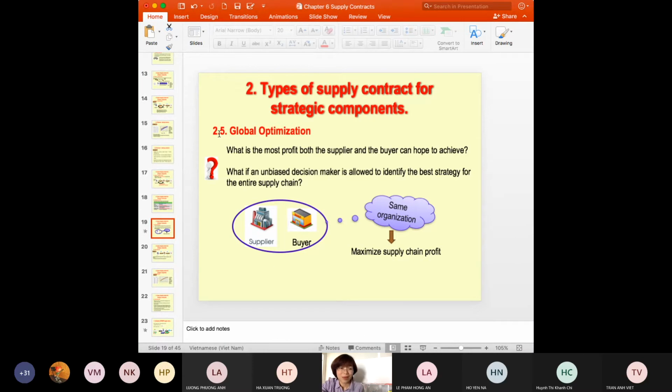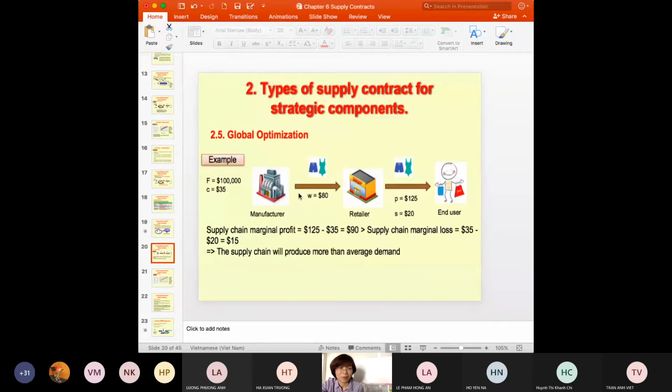Okay, so let me give you an example. In this example for global optimization, you see the manufacturer sells to the retailer at 80. The retailer sells to the end customer at a price of $20. So the profit the supply chain can get, you can see we consider the whole supply chain.